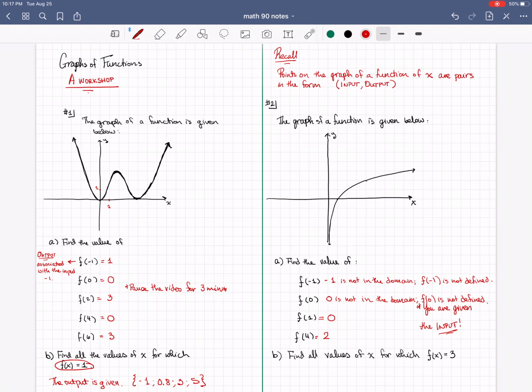Okay, good. For the next question, we're asking, find all the values of x for which f of x is 3. So just like we did for part B of the first example, this is a situation in which you know the output. So the output is given, and I'm asking you to find the input.